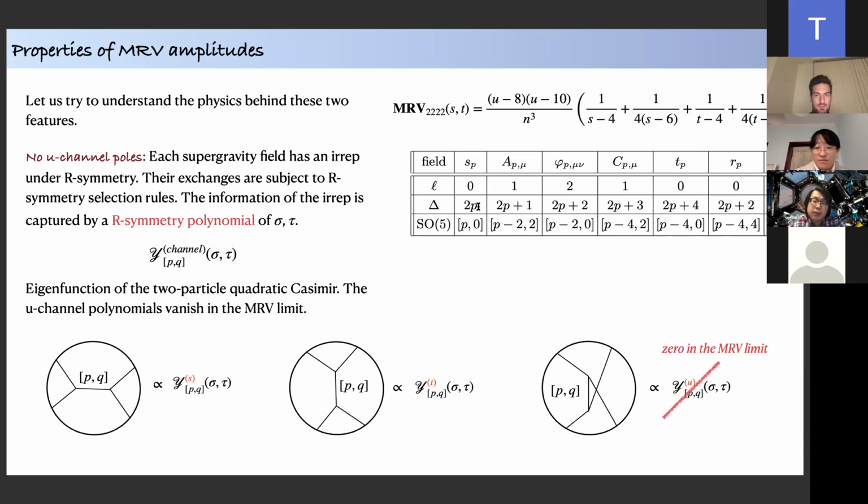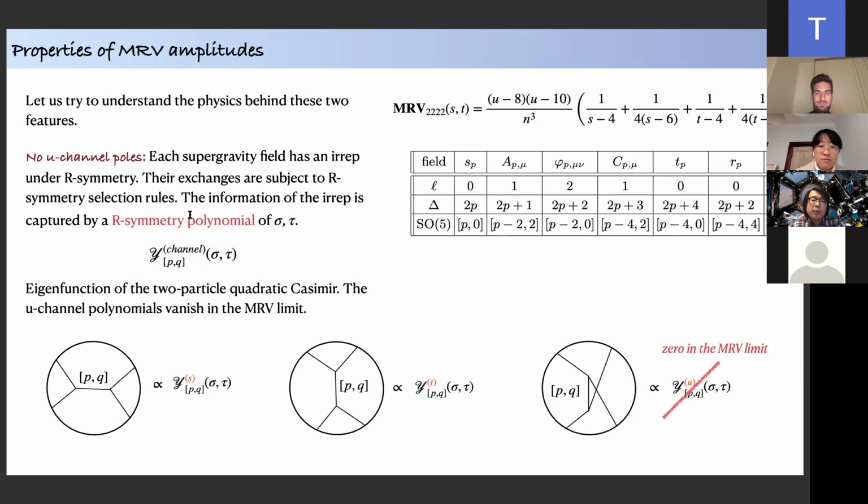First on the right, I'm showing you all the relevant component fields that get exchanged in the four-point function. Each component field can carry a different R-symmetry representation. So how is this R-symmetry representation captured in the four-point function?